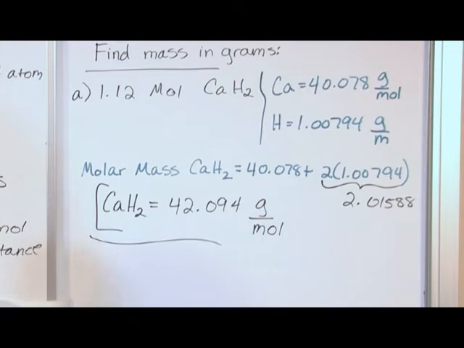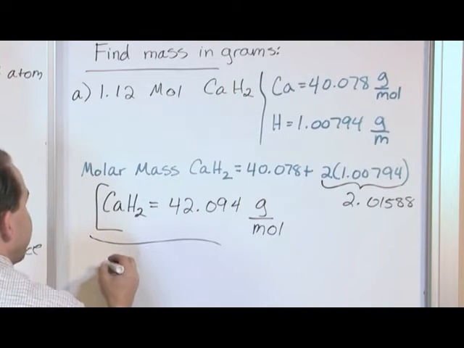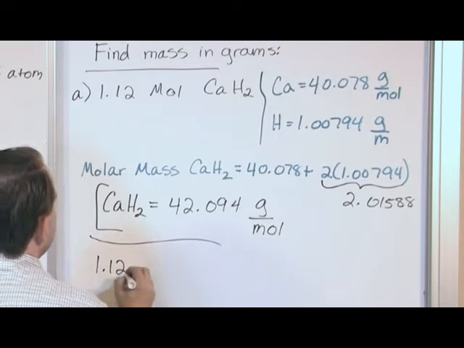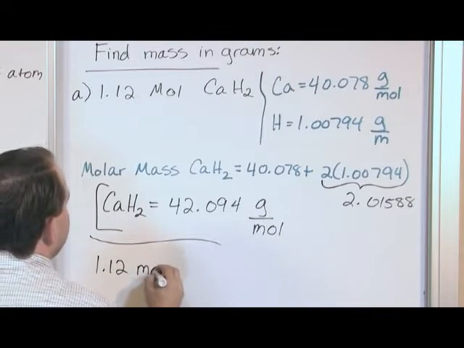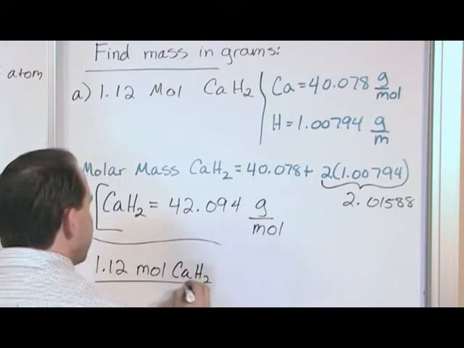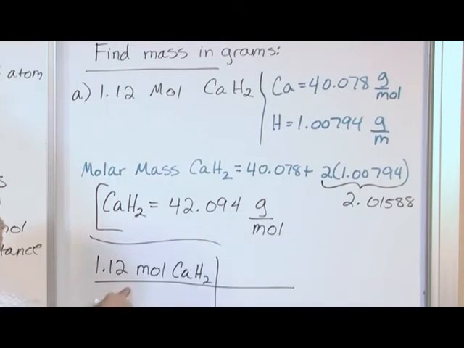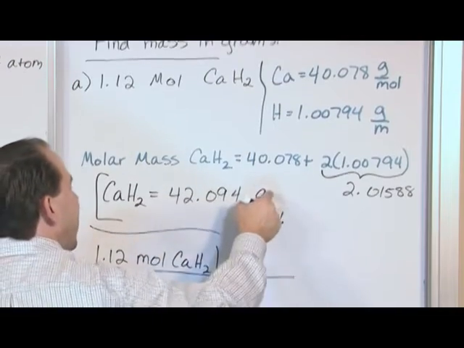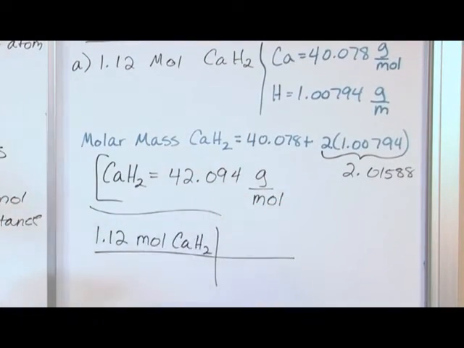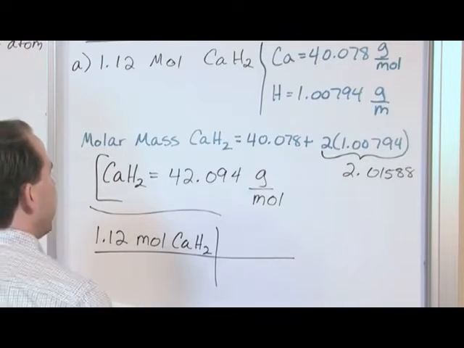And to keep going, what we know is we have this many moles, 1.12 moles of CaH2. This is how many moles we have of CaH2. That's what we start with. This tells us how many grams for every single mole. So we need to arrange it in a way to cancel our units, and that comes back to what we talked about before.